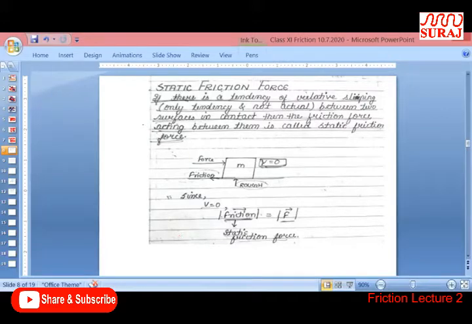So first I will take this static friction force. And the first point for this static friction force is, if there is a tendency of relative slipping.